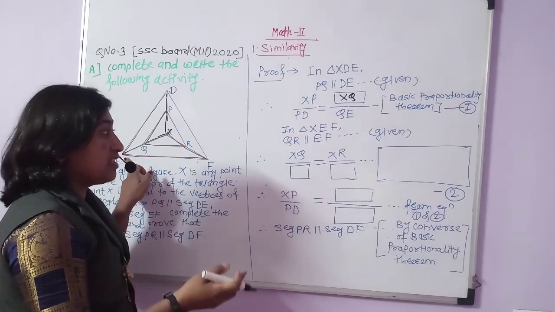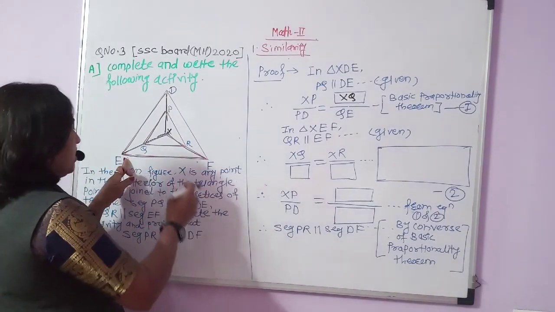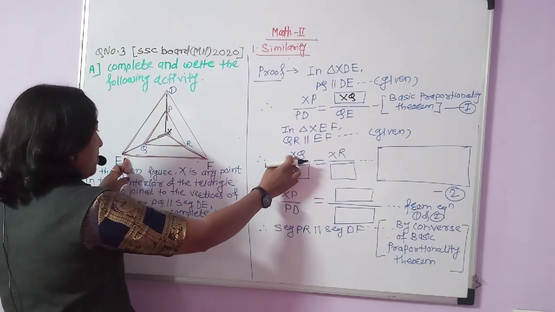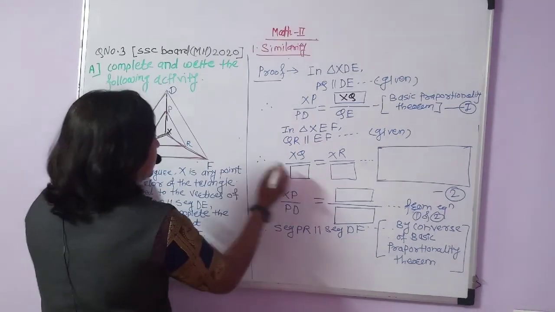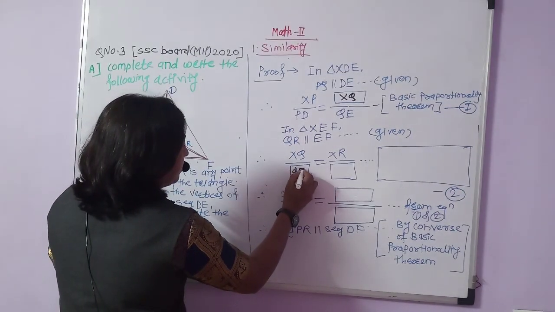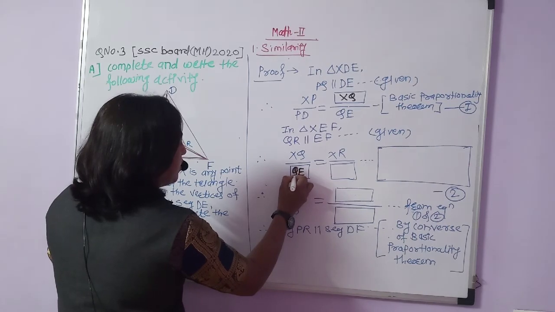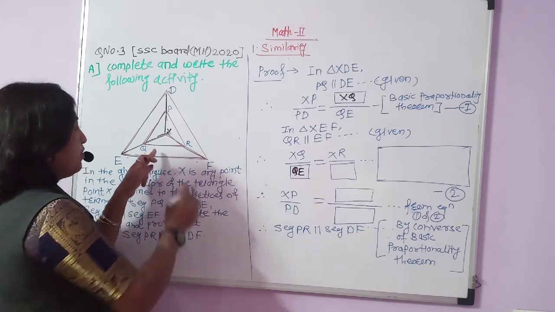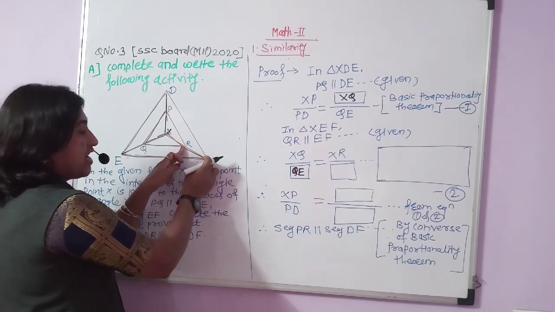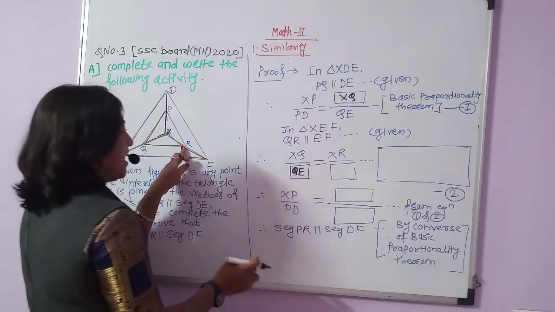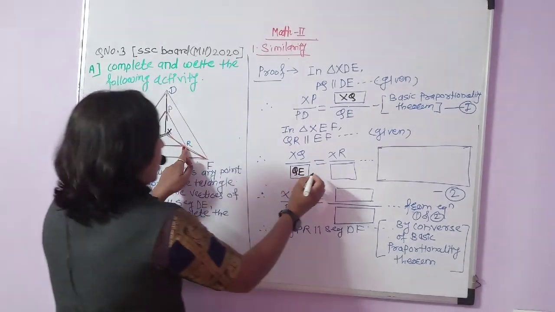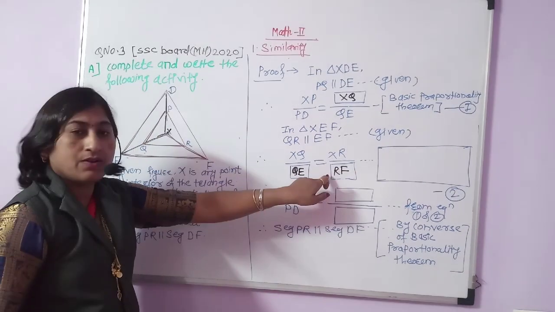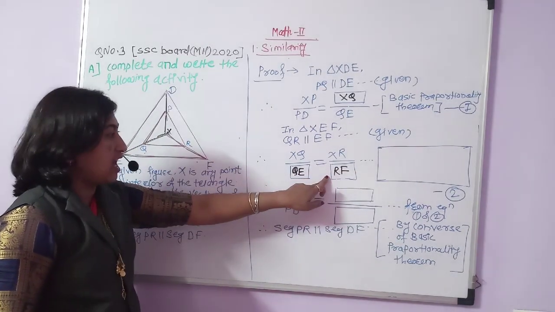Therefore, by using the theorem, we get XQ upon QE, which is equal to XR upon dash. Instead of the dash, we write XR upon RF. This is our correct filling of the blank, RF.